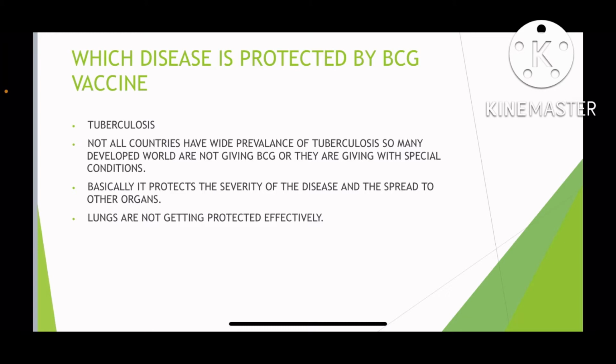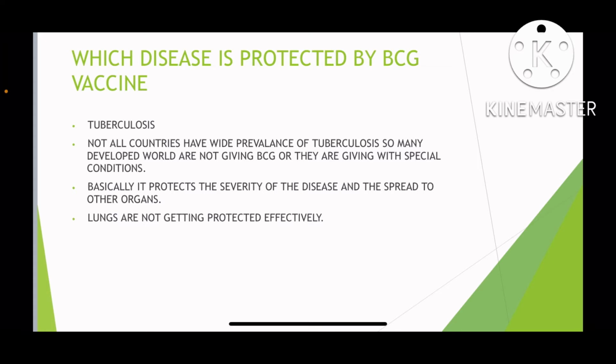Many other countries do not give the BCG vaccine routinely because tuberculosis is not that prevalent there. Like in the United Kingdom, they don't give the BCG vaccine to every child. But if there are certain specific criteria, like the child is born to Indian parents or has stayed long in India, then they give the BCG vaccine.